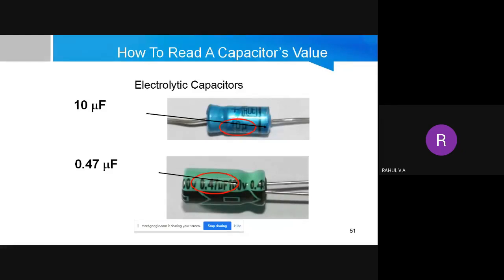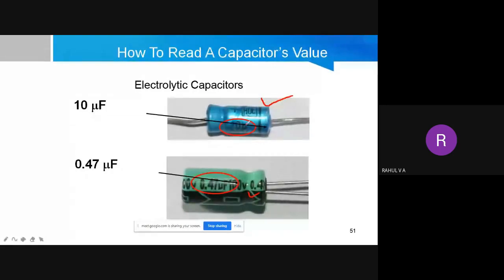Okay, first you will see, in the case of all electrolytic capacitors, the value will be directly printed on the capacitor body. So here if you see, this is one capacitor.